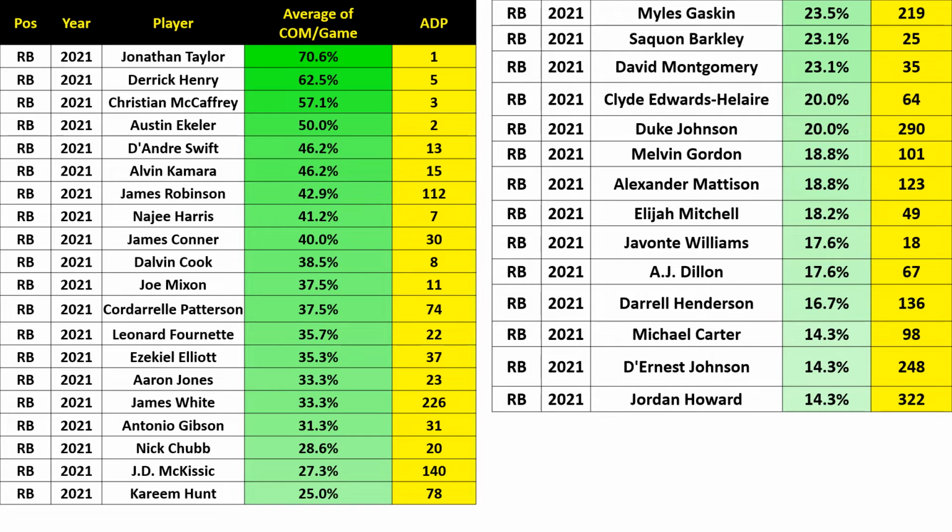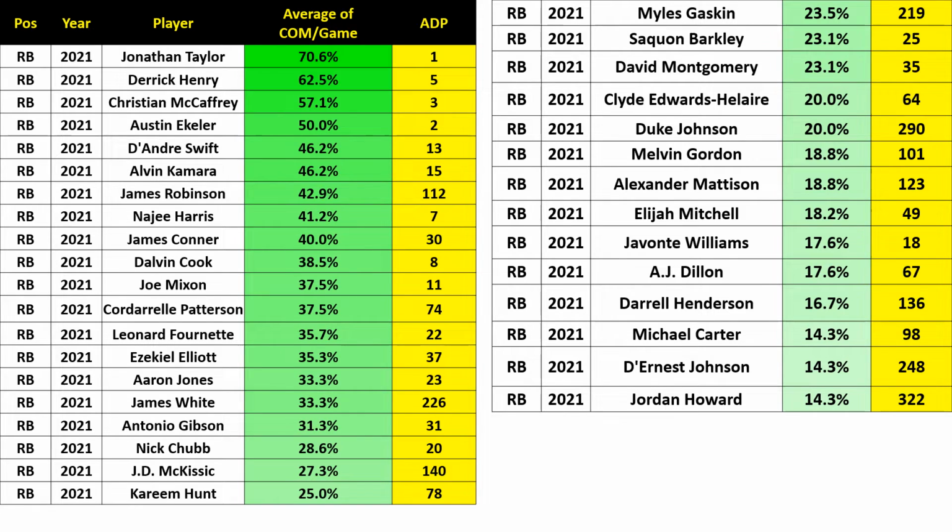And then having that number, I went to 2021 and worked across there and found out how many weeks each of these players were above median versus the number of games total played.